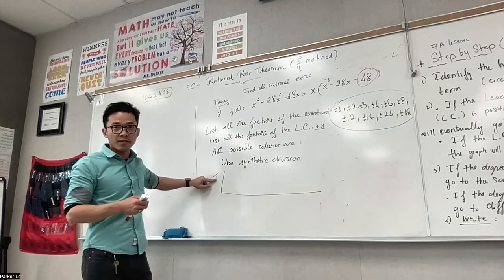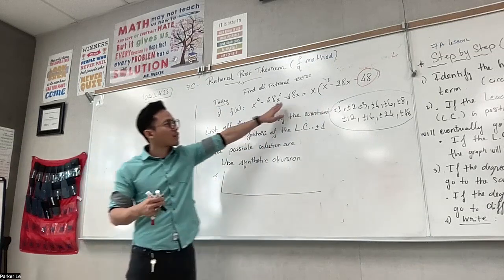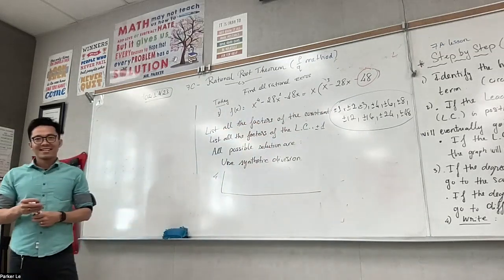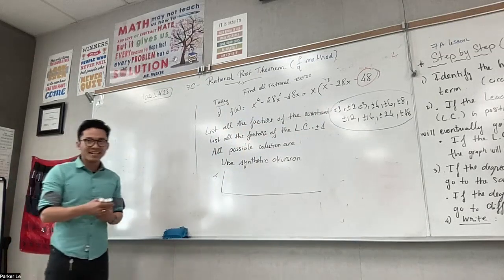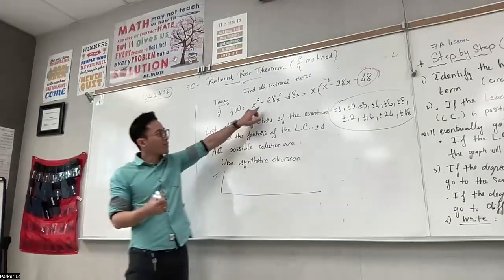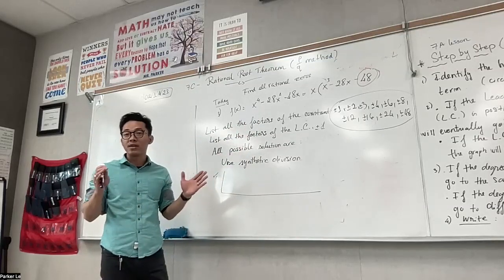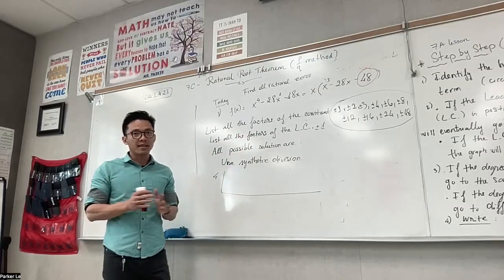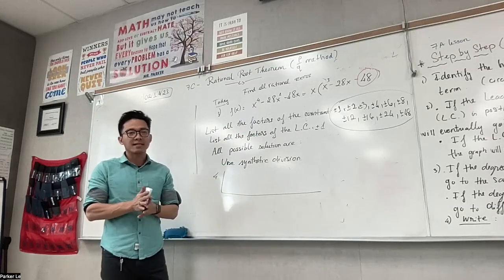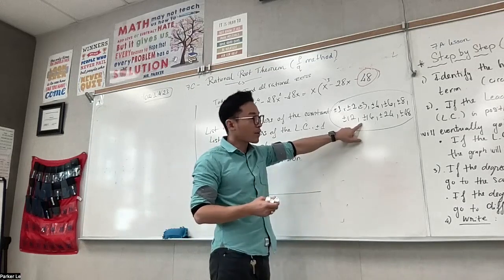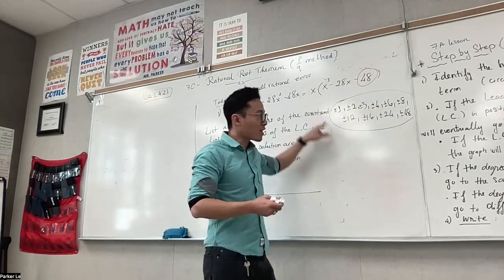I don't think the solution would be that, because when you put 48 in and multiply, the number is really big, and it's not going to give you 0. This is all the candidates.